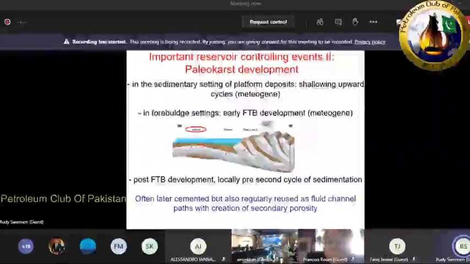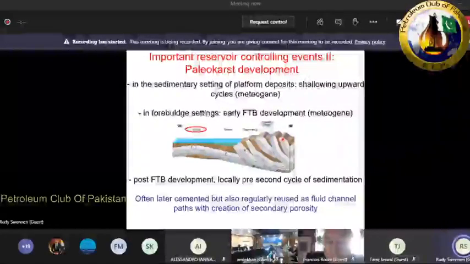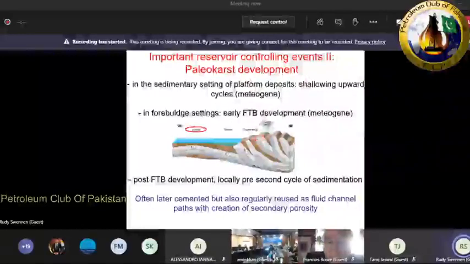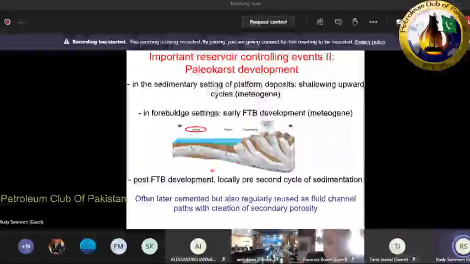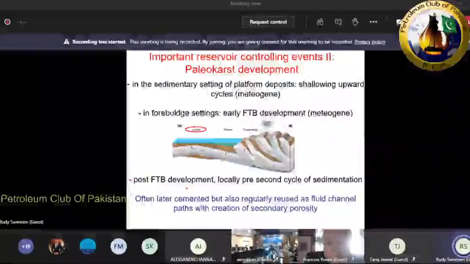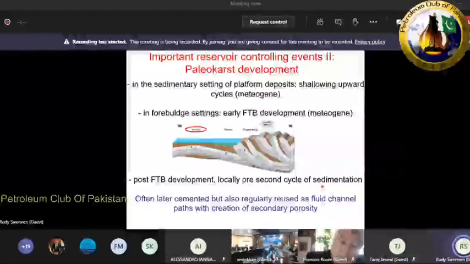And remember, by the thrust sheets which are moving towards the foreland, you have this forebulge karstification at different episodes, different times in each of these sheets. And you can also have a post-foreland thrust belt development of karstification.